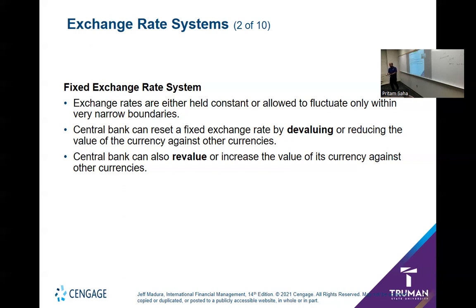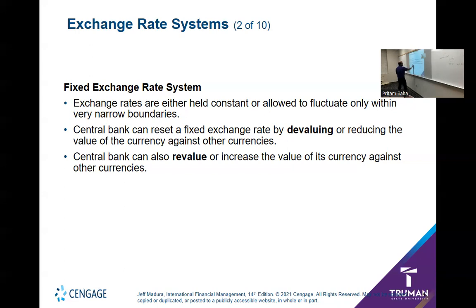So the major problem with fixed exchange rate is appreciation or depreciation, because if it's fixed, it's tough to maintain the exchange rate on that level because demand and supply keep changing, right? How they can address this problem?